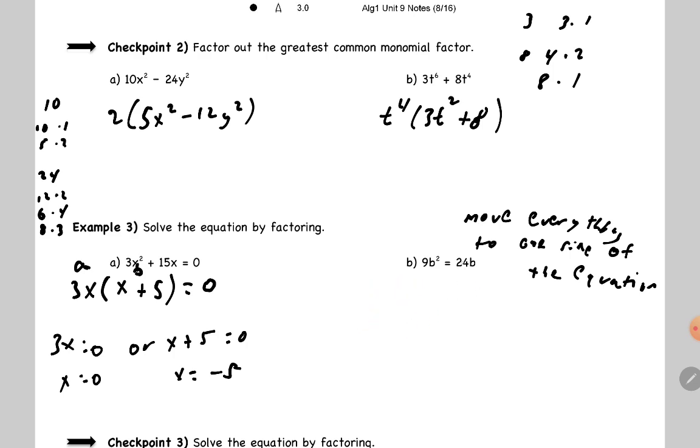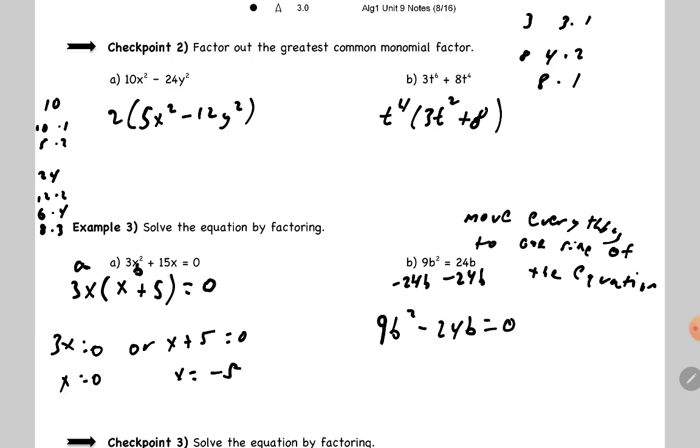So I need to move this 24b. I'm not trying to solve for b right now, I'm just moving it over. So in order to do that, I'm going to subtract 24b from both sides. B squared and b are two different things. They're not like terms, so you can't add them together. So I have 9b squared minus 24b, and then that's going to be equal to 0.